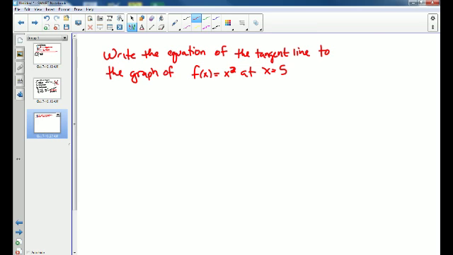Well, I did x squared yesterday, right? I'm going to do the same function, different point, with the second derivative definition. So you're doing the f of x minus f of a one? Yes.